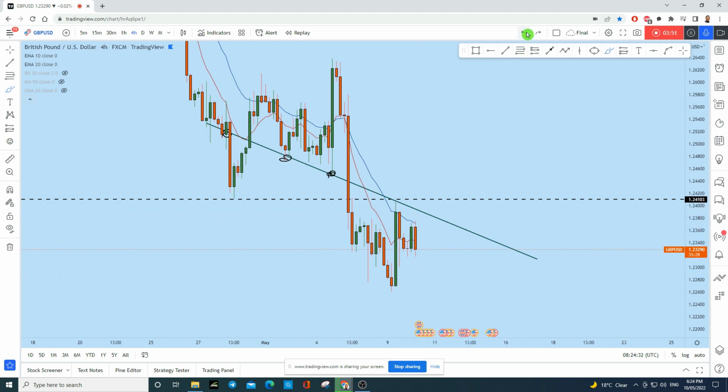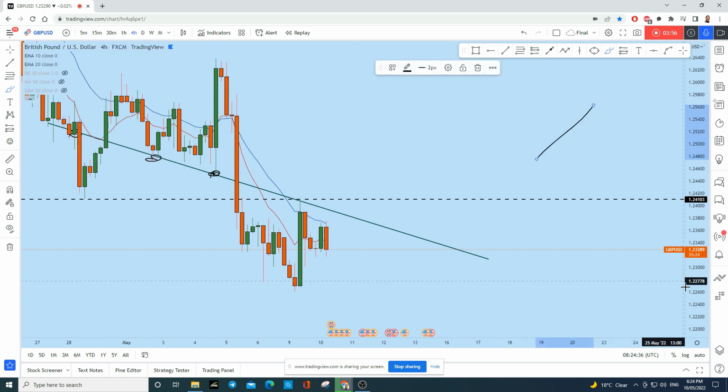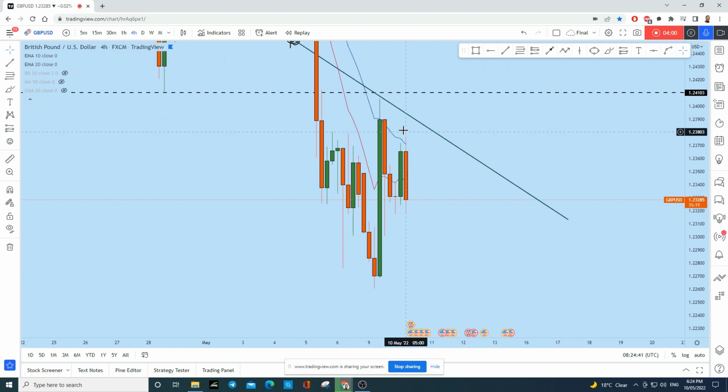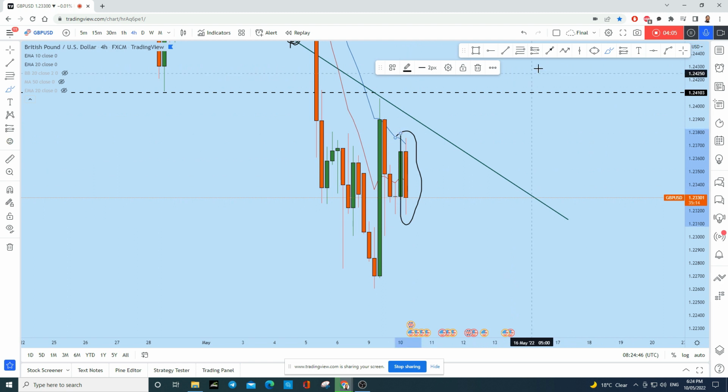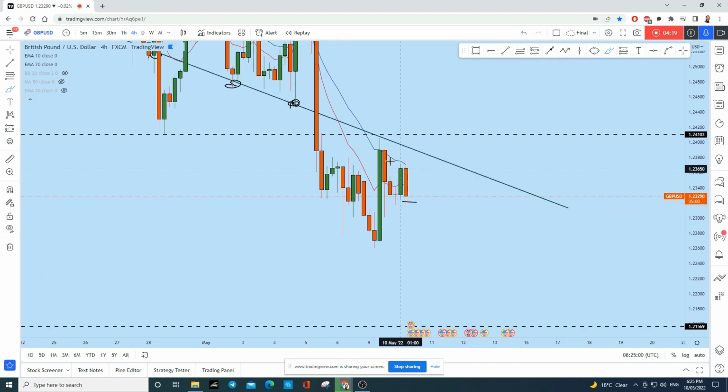Now this current 4-hour candle is closing in 35 minutes, so probably you are watching this video between this time. If this candle closes as a bearish engulfer, what is a bearish engulfer? When you see this red candle cross the previous candle's high, cross the previous candle's low, and also close below this level, then GBPUSD has created a double top formation with a lower high on the right side.